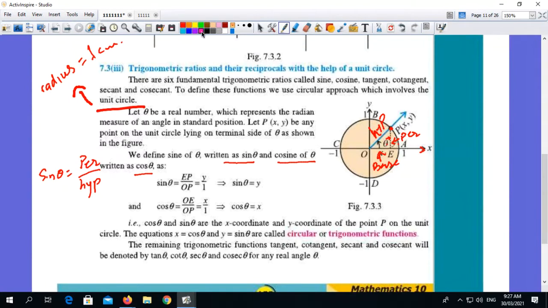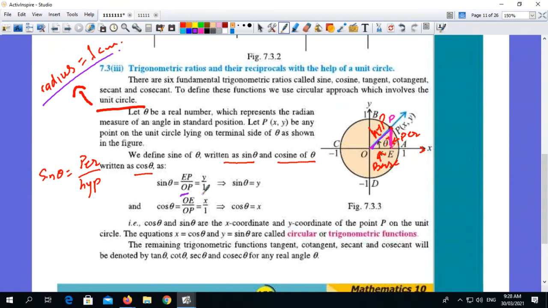Now we write EP by OP. This is E and this is P. This line is EP and this is OP, the blue or purple colored line. EP equals Y because it's the unknown height, and OP equals 1 because I told you previously that a unit circle means a circle whose radius is 1.